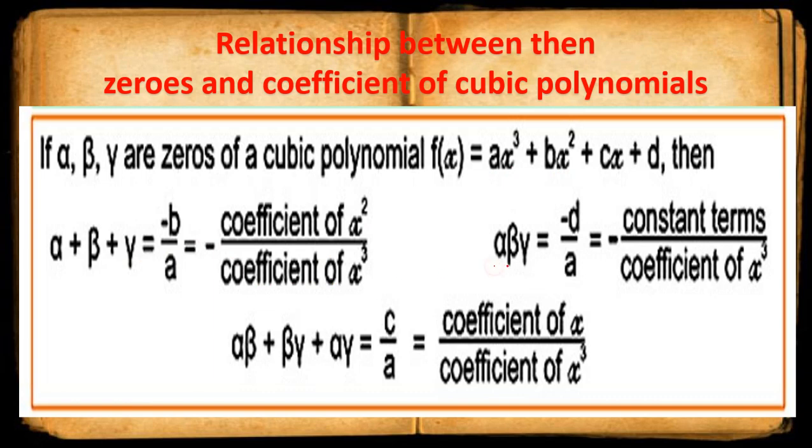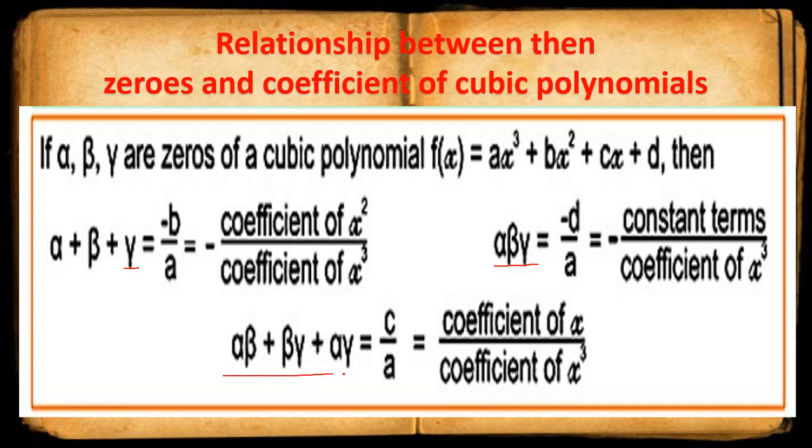Similarly, product of zeros, alpha into beta into gamma, this one is the symbol for gamma. This represents the third zero of this cubic polynomial. So it is minus d upon a, and d is nothing but the constant term, and a is the coefficient of x cube. So the product of zeros is minus constant term upon coefficient of x cube.